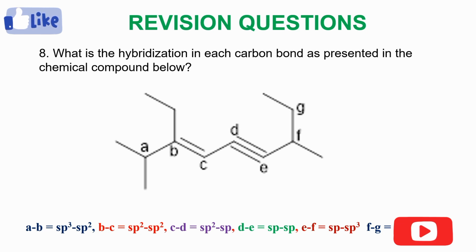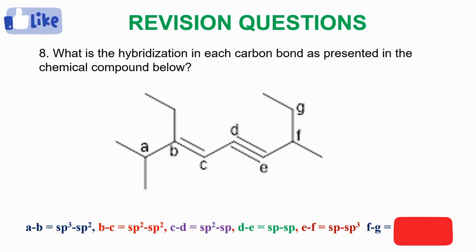So after knowing that, what I need to do now is this. Since I know that A is sp3, B is sp2, so my AB is sp3, sp2. BC is sp2, sp2. CD is sp2, sp.